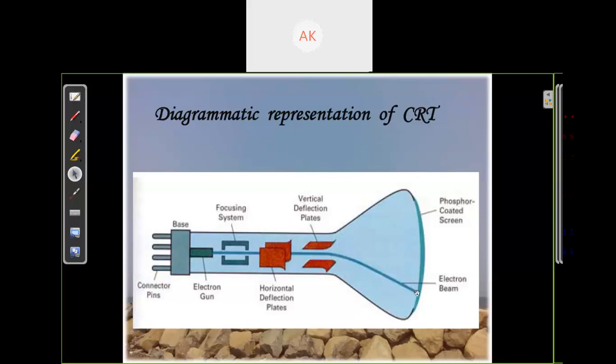When the electron hits the phosphorus screen, the electron is stopped, and the energy the electron has is absorbed by the phosphorus plate. This kinetic energy is converted in two ways. First, it produces some heat.